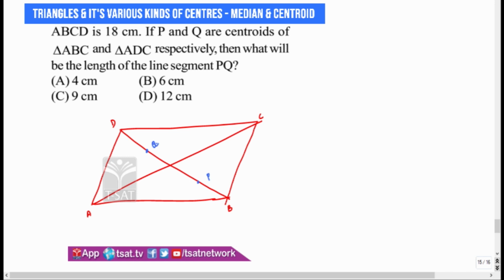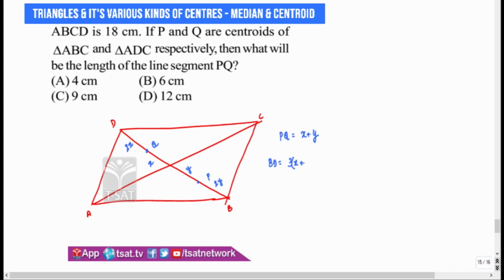We all know if it is a centroid, it divides the median in a 2:1 ratio, which means if it is 2x, this is x. If it is 2y, this is y. Here PQ is equal to x plus y. Here BD is equal to 3x plus 3y.